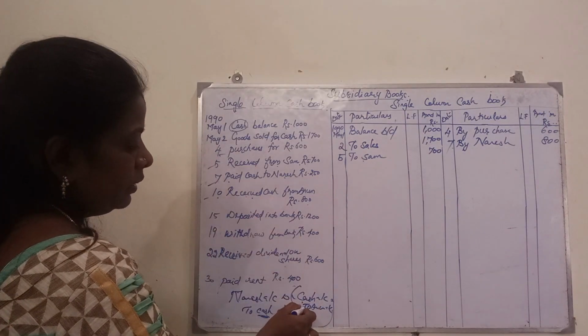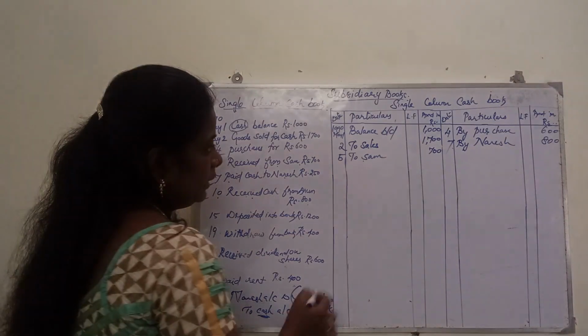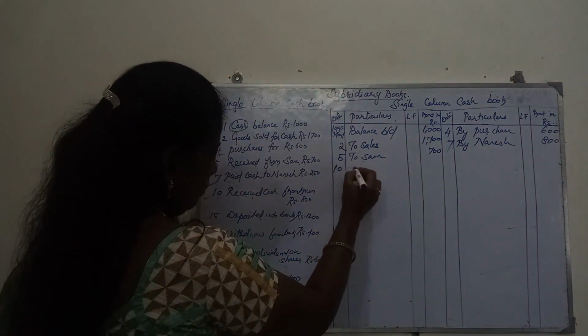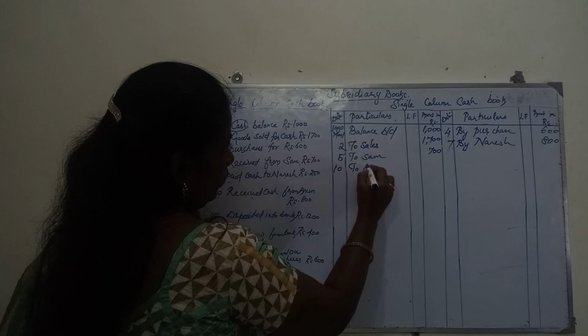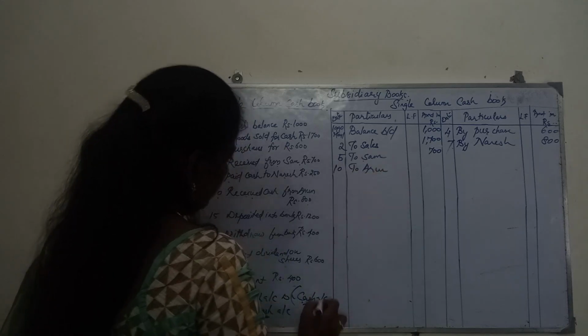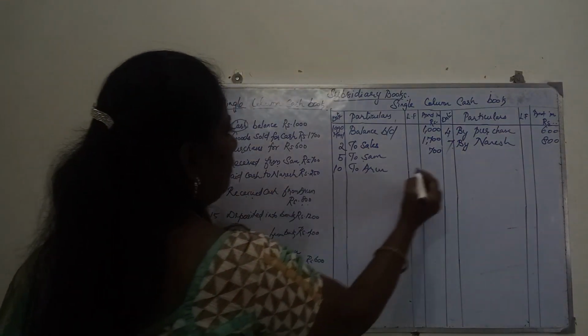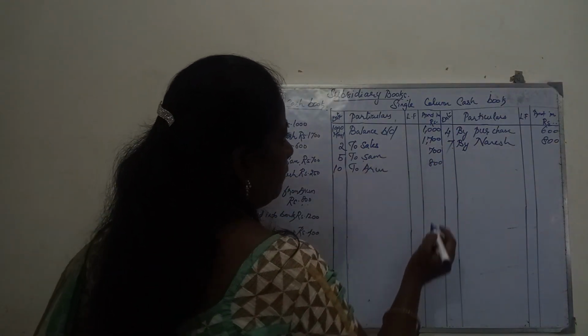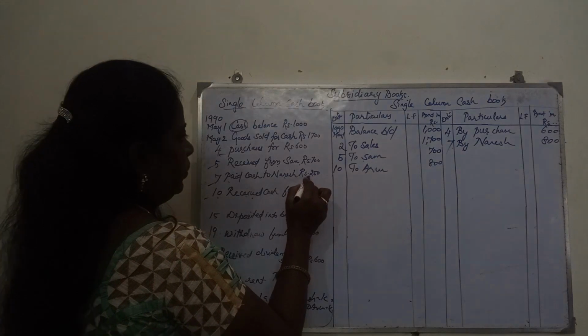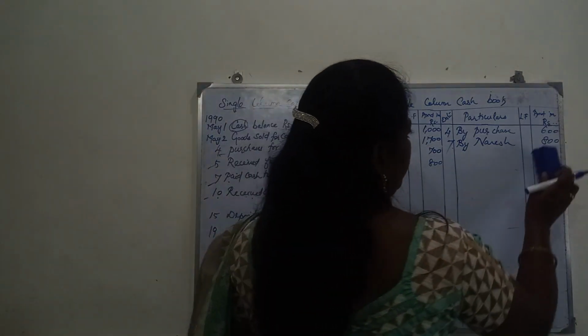So we are receiving the cash from Arun. Cash is on the debit side. So on the debit side, to Arun. What is the amount? 800. Here the amount is 250.